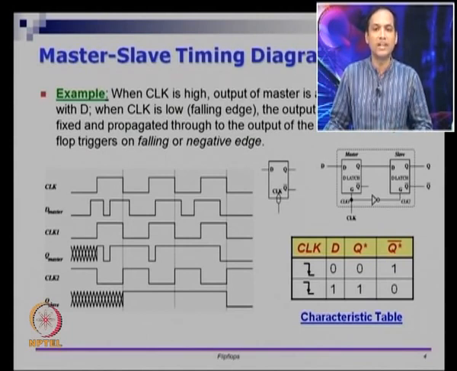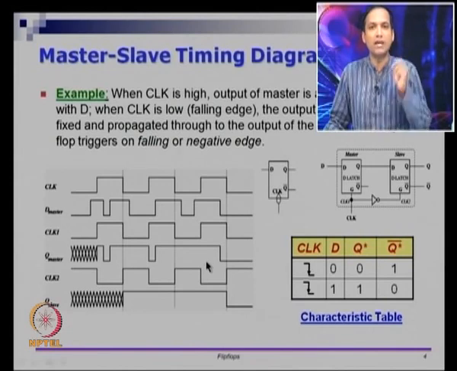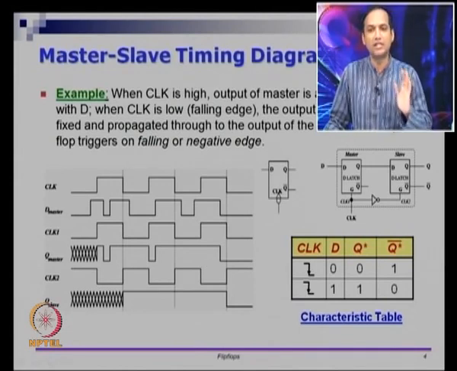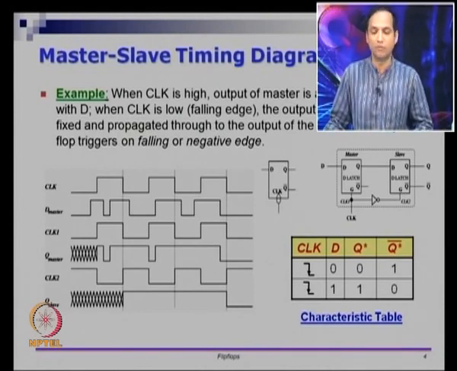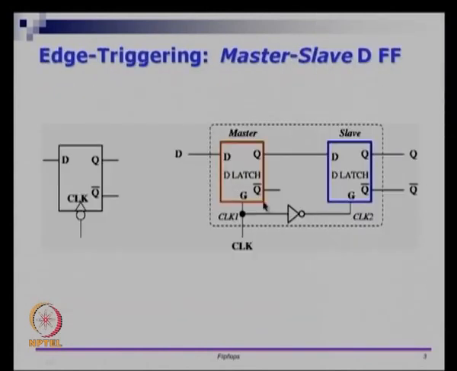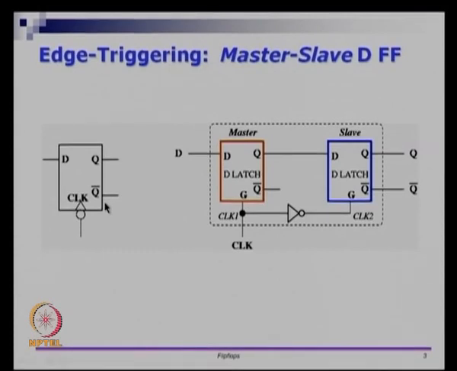The reason it is called negative edge triggered is that the sampling of D is done at the negative edge of the clock. If I do sampling at the positive edge of the clock, that would be called a positive edge triggered flip flop. So now let us go back to the picture that I showed. In this picture I put a bubble here. A positive edge triggered flip flop, which samples the value of D only when the clock edge rises, will not have this bubble.